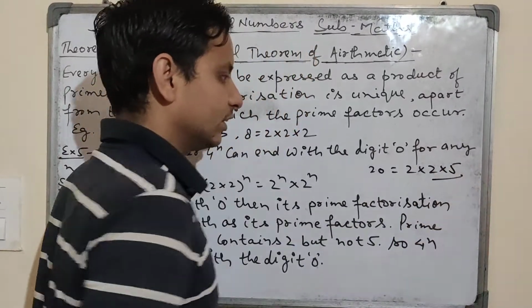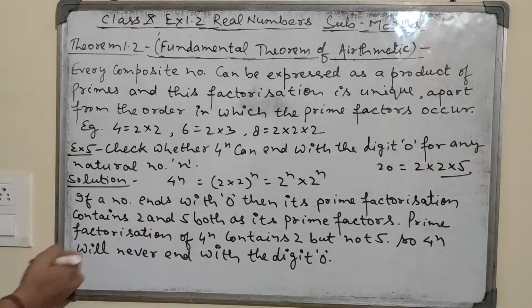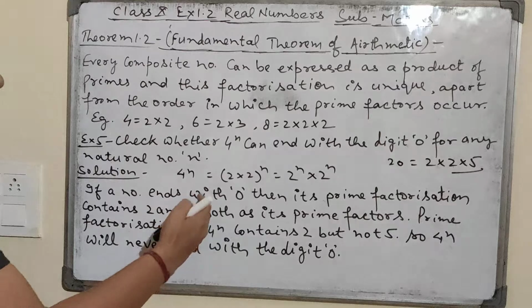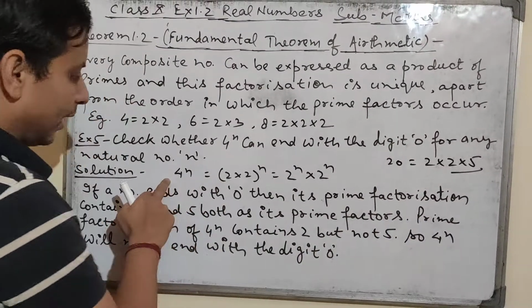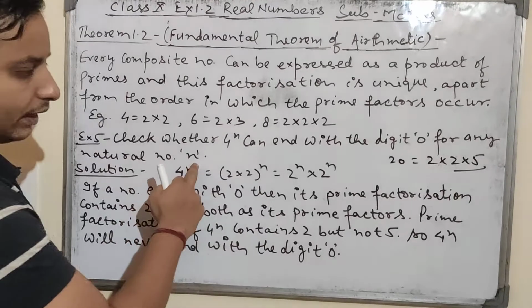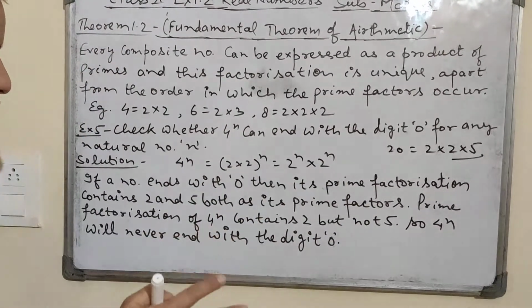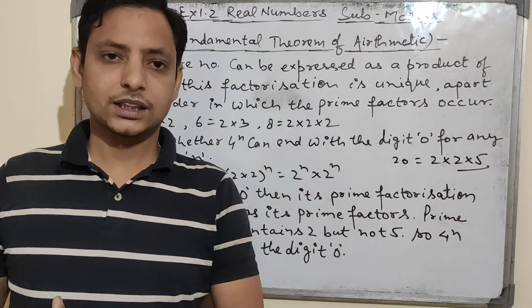Its prime factorization contains 2 and 5 both. So if a number ends with digit 0, then its prime factorization contains 2 and 5 both. But we see that in the prime factorization of 4 to the power n, we have only 2 as its prime factor. So 4 to the power n will never end with digit 0.